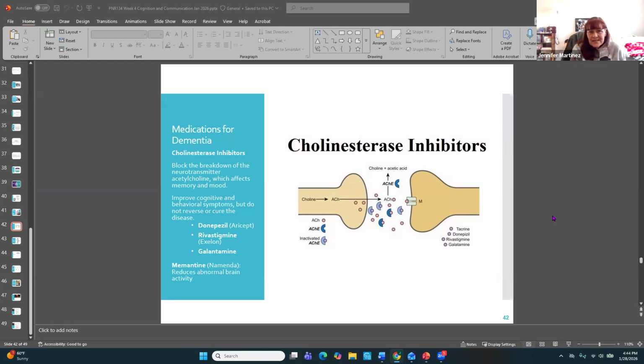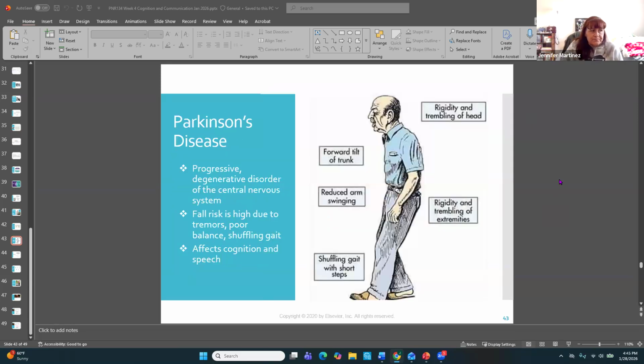In some cases, they may delay progression a little bit, but they really aren't going to cure anything. And then we have memantine, which is Namenda, that reduces abnormal brain activity, so it can be beneficial to some. Again, they're not going to cure or reverse the disease process. They just may help to improve some of the symptoms.